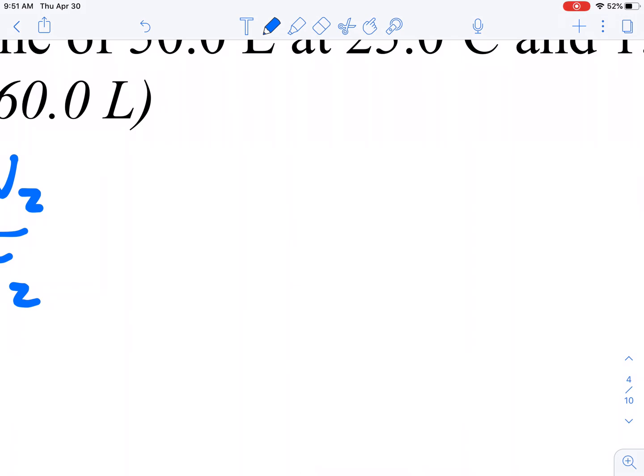We have our second temperature, our final temperature, which was 283.2 Kelvin. And remember, we're solving all of this for V2.